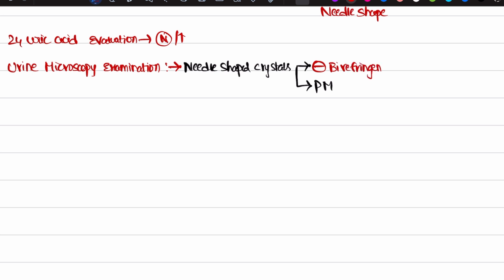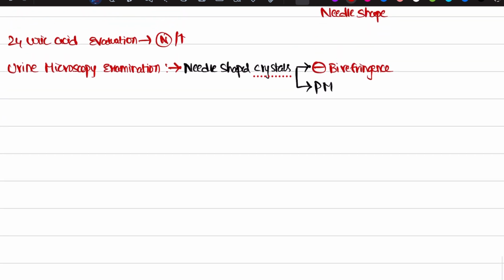Whenever you see these needle shaped crystals under the electron microscope, there is positive birefringence.